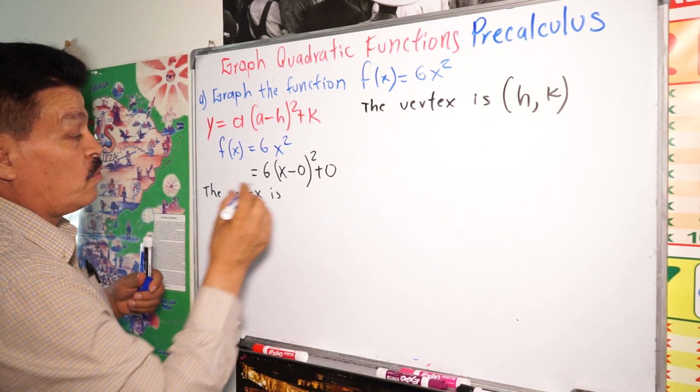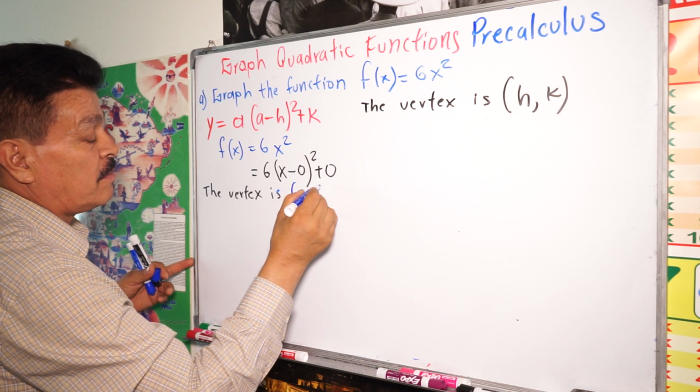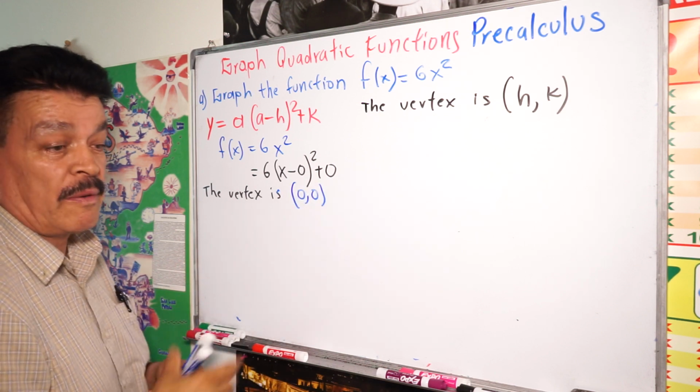Because we have to find the vertex first. The vertex is (0, 0). So that's the vertex of our parabola.